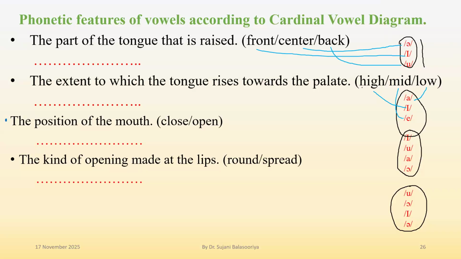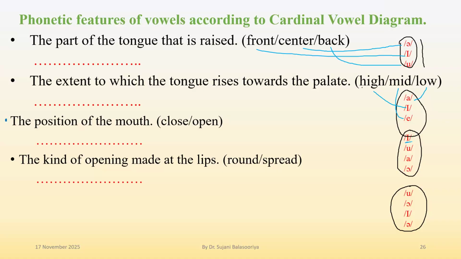Okay. Then the third criterion: close and open vowel. I have given four vowel sounds. You need to identify which are close, which are open. We'll see from the beginning. First, I have given E. Is it close or open?